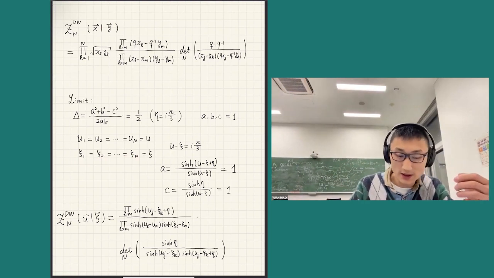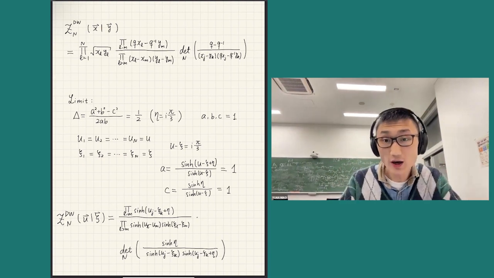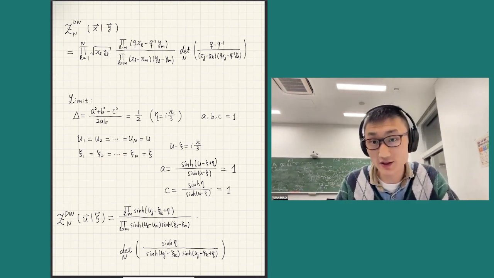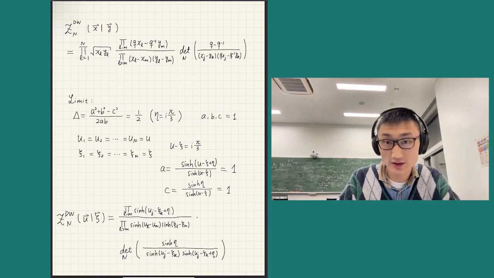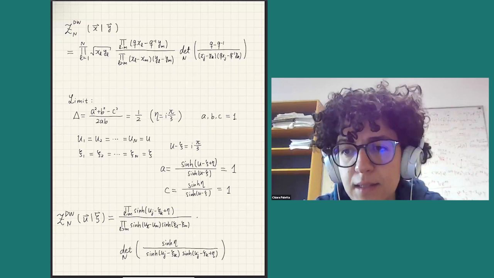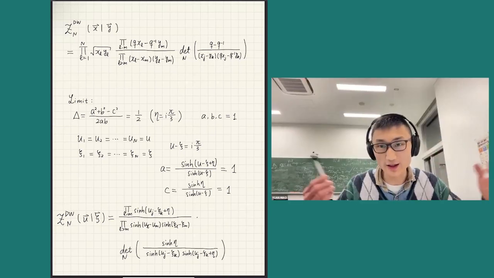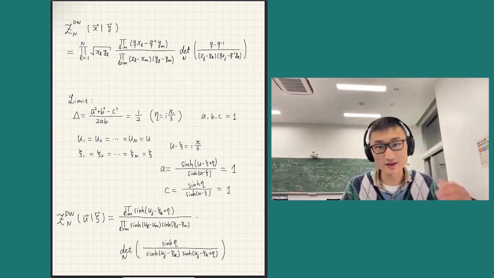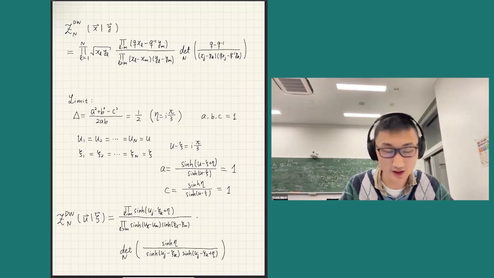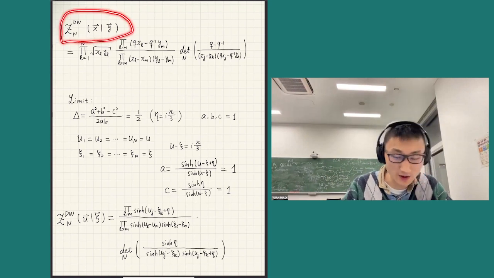But here, in order to calculate the partition function in determinant form, it's easier to consider an inhomogeneous version of it. So in the end, I'm not doing any calculation with the spin chain in some sense. It's purely a calculation with the vertex model, and I'm interested in finding this partition function.